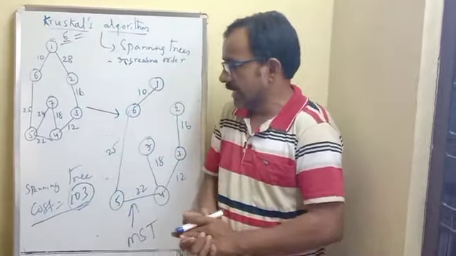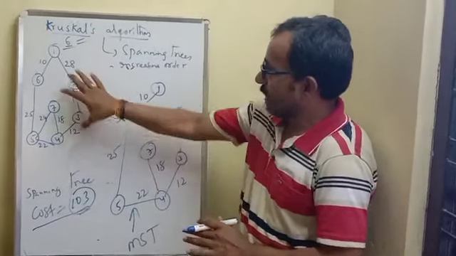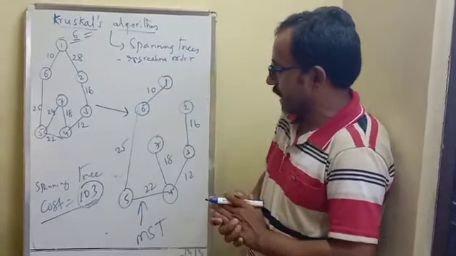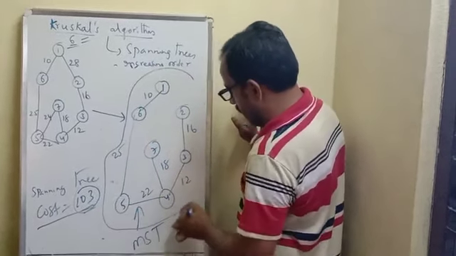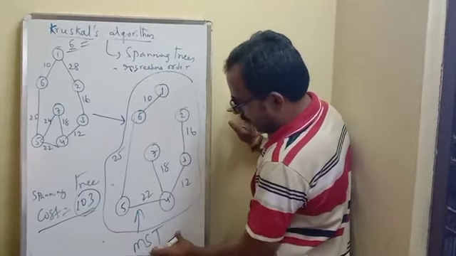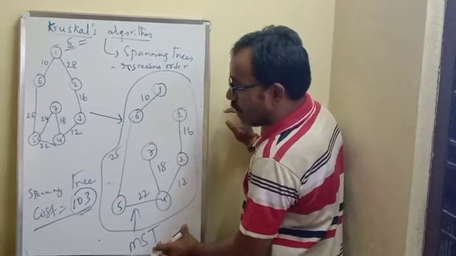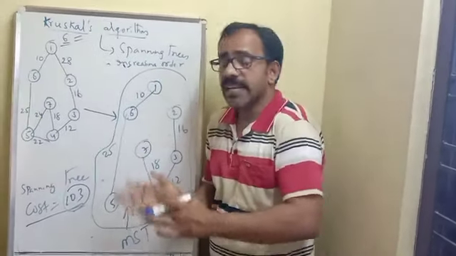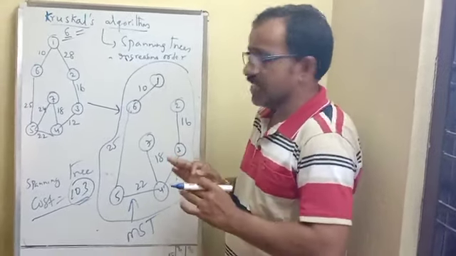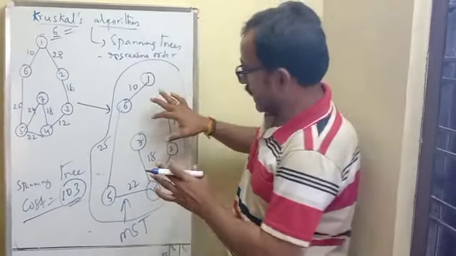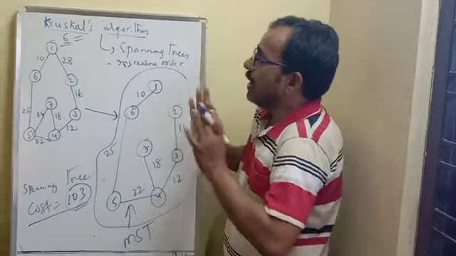Like that, we constructed the spanning tree from the given graph according to Kruskal's algorithm. That's why we say this spanning tree is treated as the minimum spanning tree or minimum cost spanning tree, because the reason is every time we are selecting the minimum cost edge for inclusion. That's why we say this is the minimum cost edge among all the remaining edges.